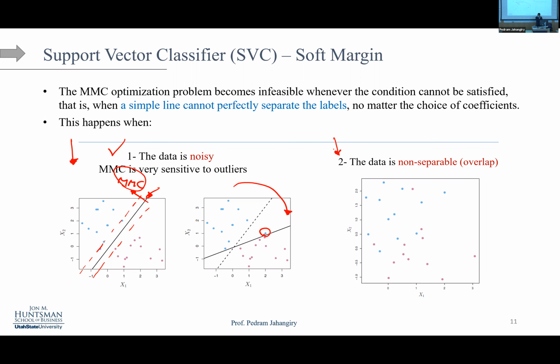Can you come up with an MMC classifier, a maximum margin classifier? Give it a try. There's literally no way that I can come up with a hard margin. Does everyone see that? Whatever I do, there's going to be a bunch of misclassification on either side. So as you can see, there's no answer to this optimization.